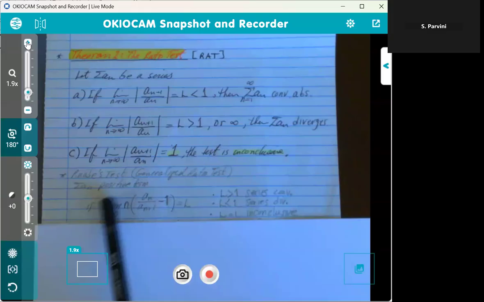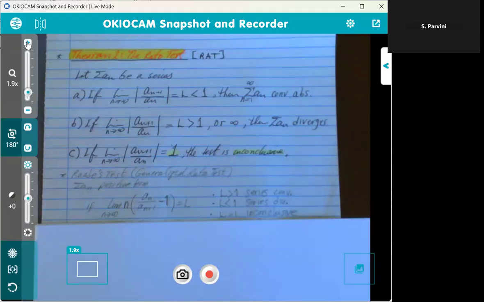actually uses this formula. Okay, and if the limit L exists here and L is greater than 1, then the series converges. If L is less than 1, the series diverges. And if L is equal to 1, it's inconclusive, just like the ratio test was.